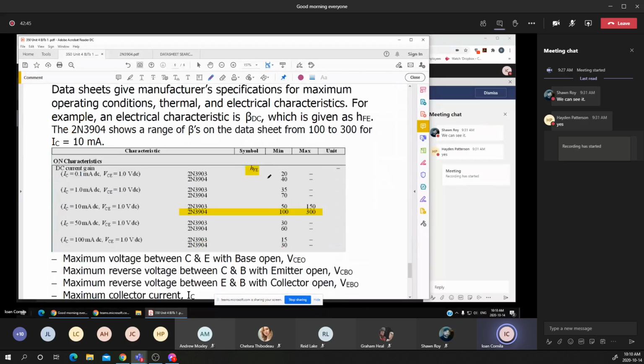On the data sheet, I mentioned that HFE is almost the same symbol as beta, or simply beta DC. That means I may see the HFE or the beta DC having the same meaning.